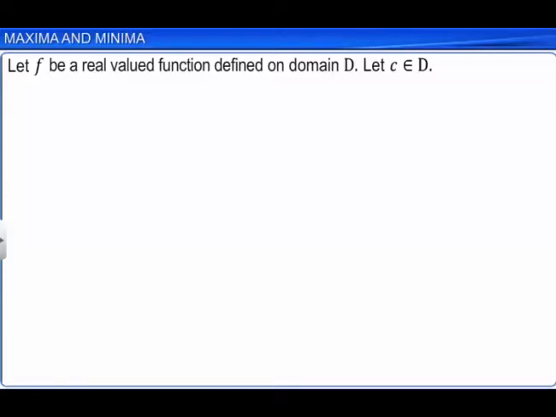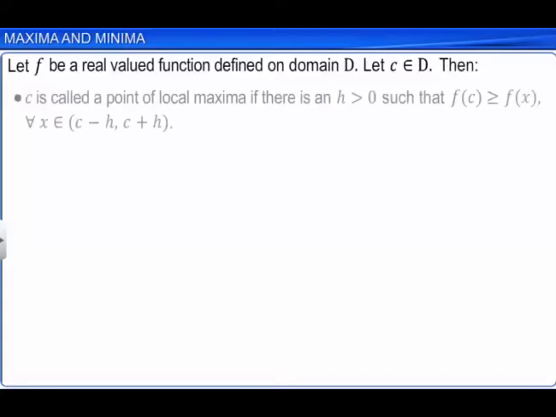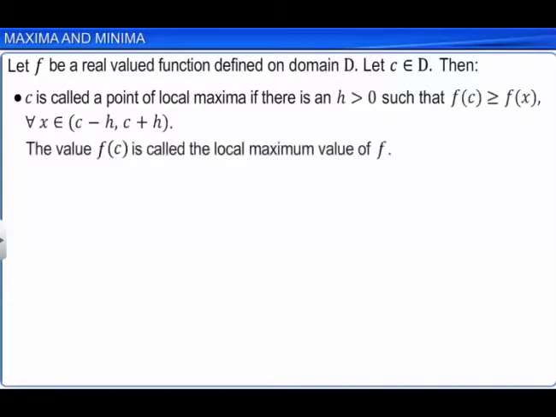Then, c is called a point of local maxima if there is an h greater than 0, such that f(c) is greater than or equal to f(x) for all x in the open interval (c - h, c + h). The value f(c) is called the local maximum value of f.